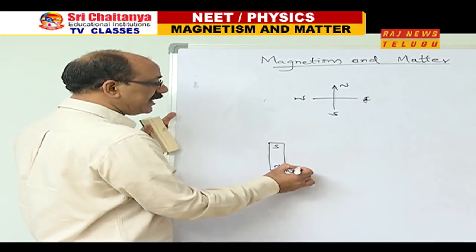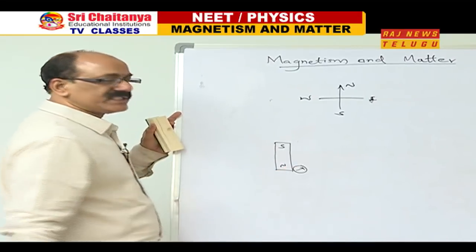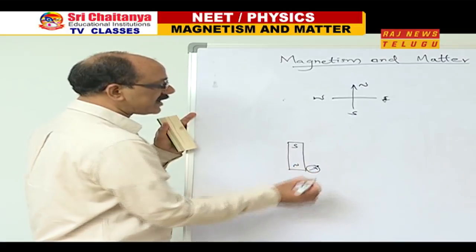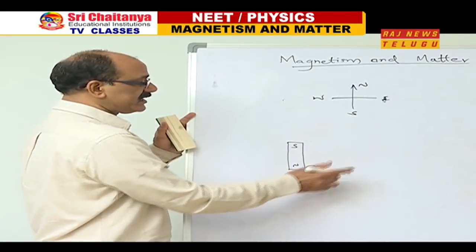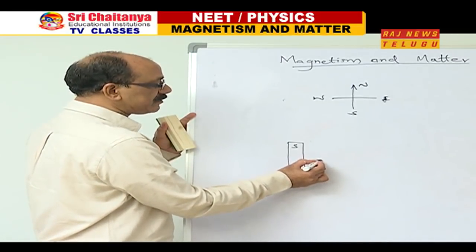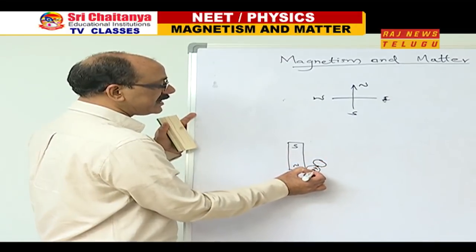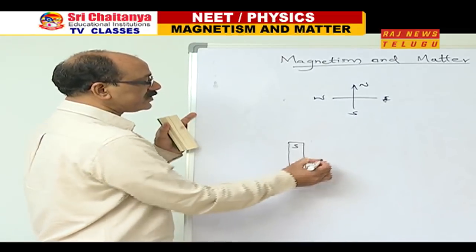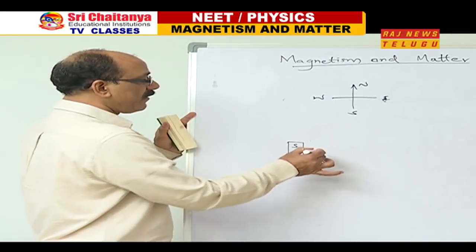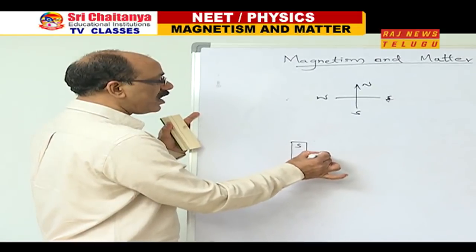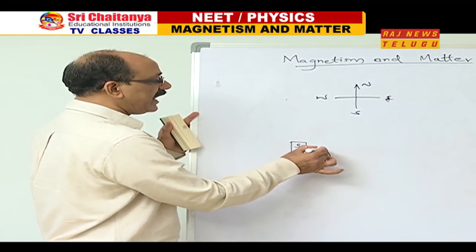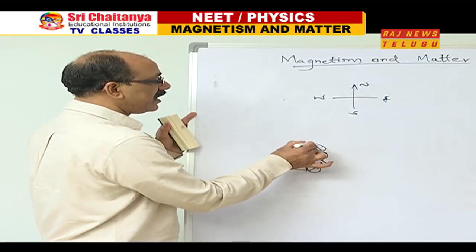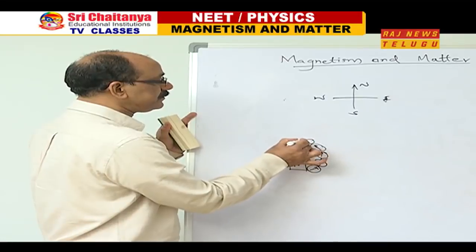So the point where the tip of the north pole of the magnetic needle is pointing is marked. Then again this magnetic needle is placed in such a way that the south pole of the magnetic needle coincides with the point marked earlier. So again we get one more point. That is how we can go on shifting this magnetic needle, and we can understand that the magnetic line of force is obtained like this.